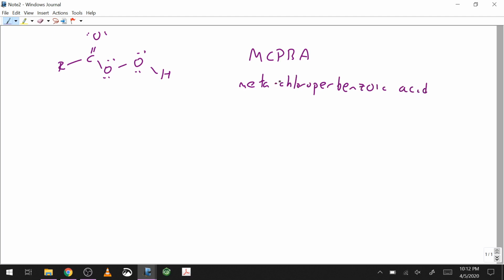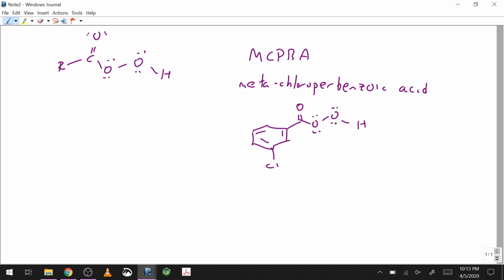Actually, it should have a hyphen. And this is what it looks like structurally, which is to say that there's a chlorine here in the meta position. When we talk about aromatic naming, that just means a 1,3 substituted benzene is meta. And this is it.